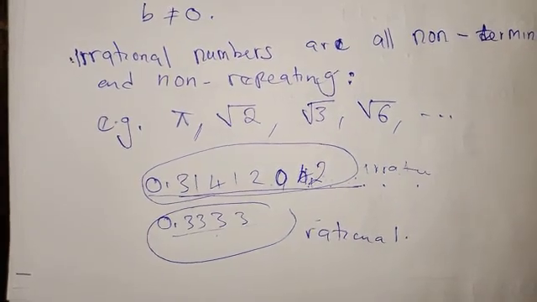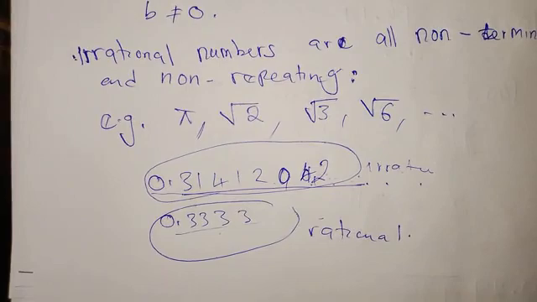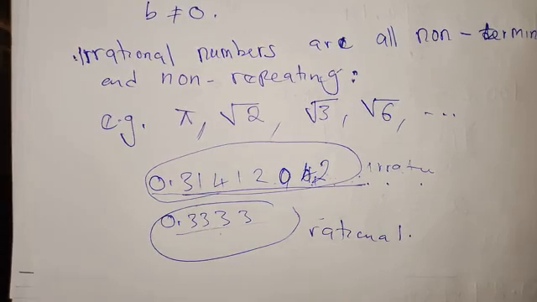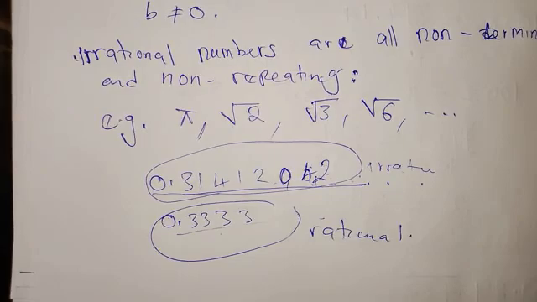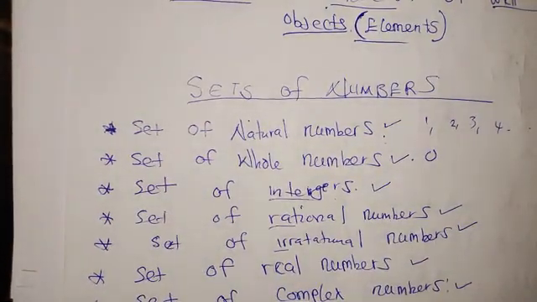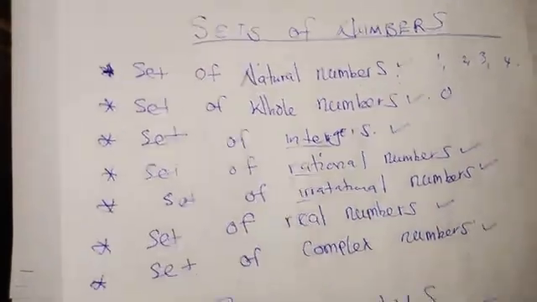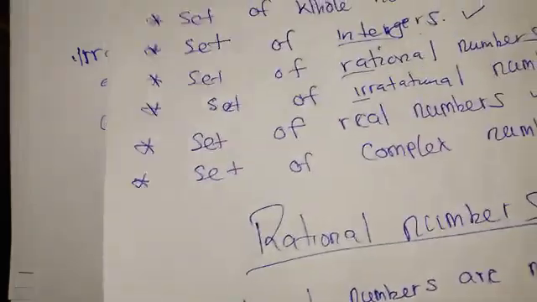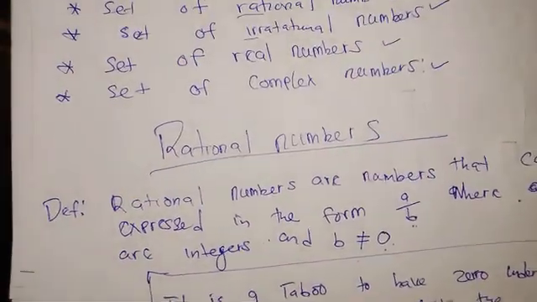Thank you very much. This is the concept we had for today. Basically we've been talking about sets of numbers, where you're supposed to have an understanding of what kinds of numbers we have: whole numbers, natural numbers, integers, rational, irrational, real, complex, and the like.